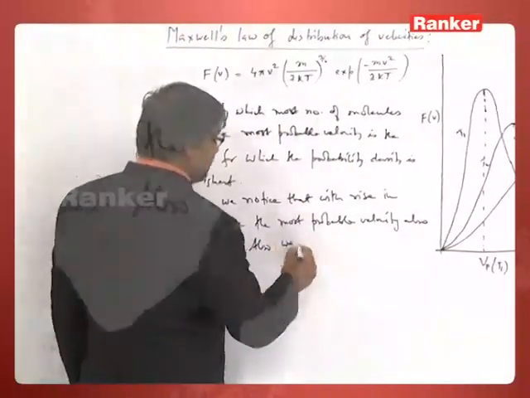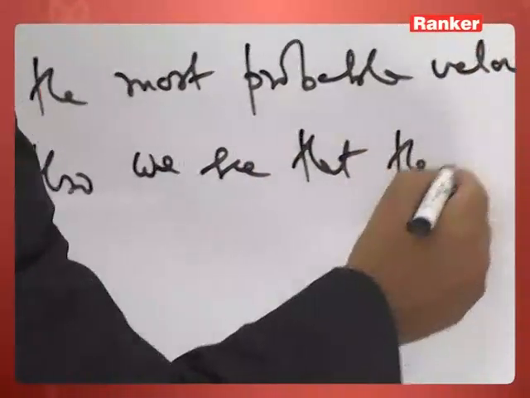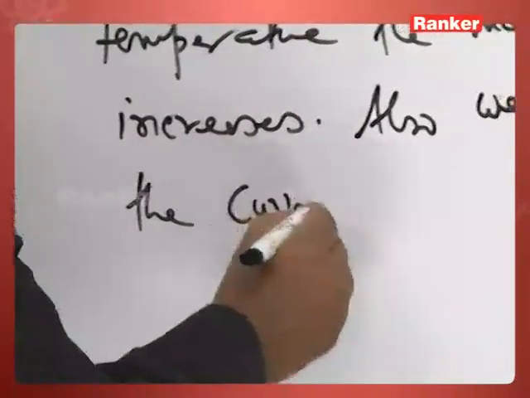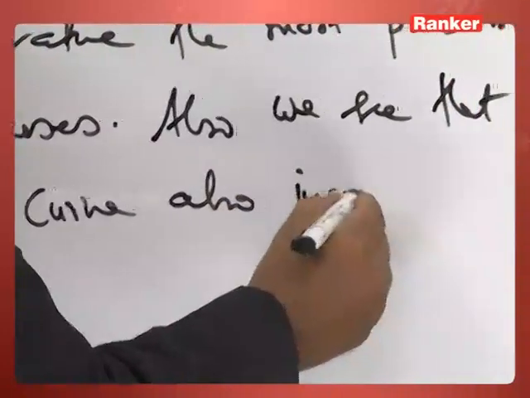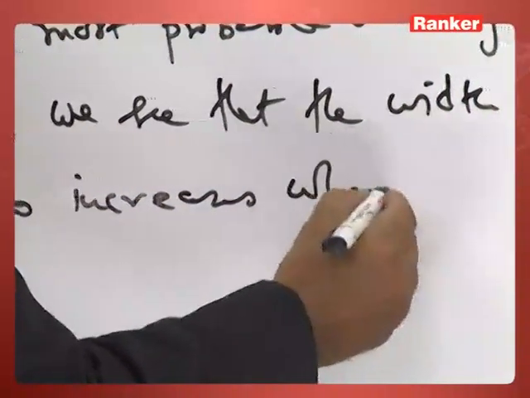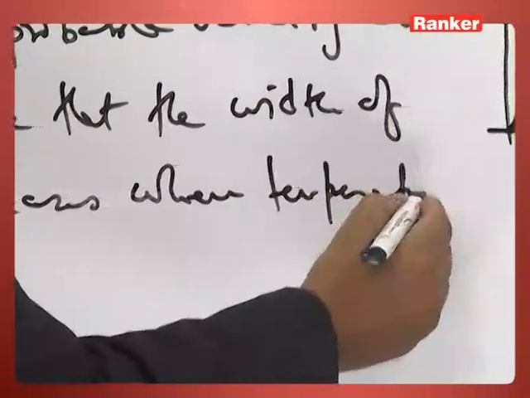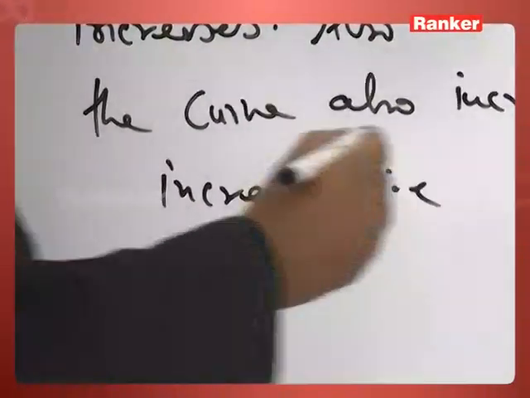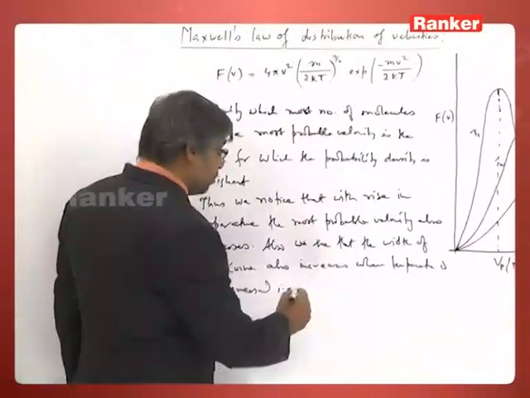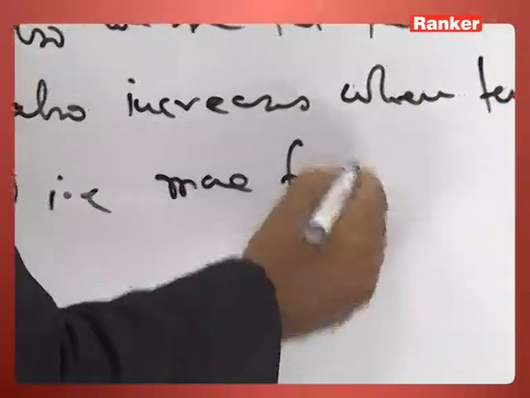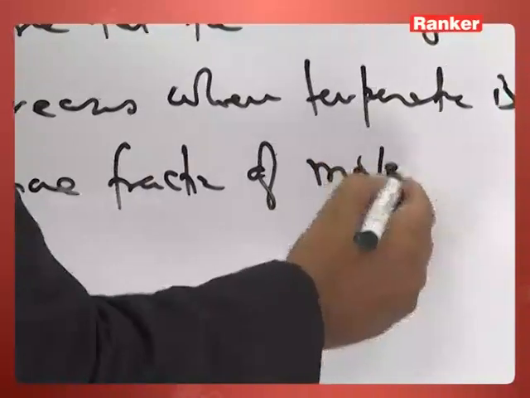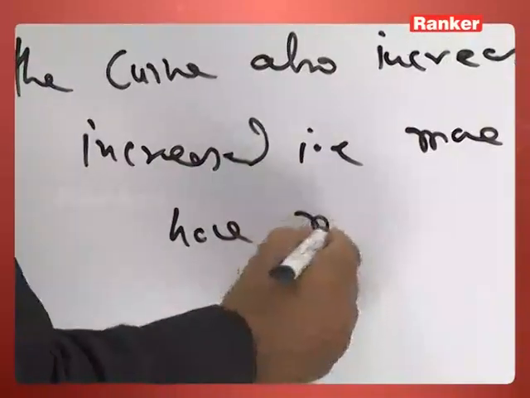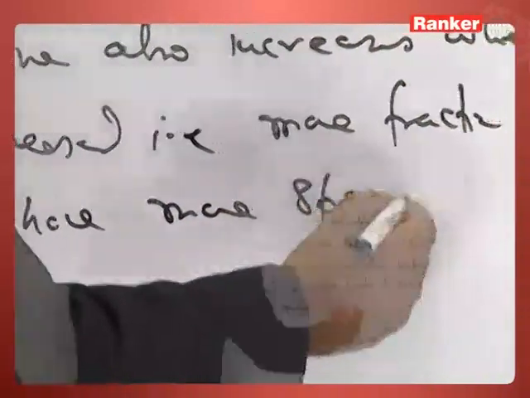Also we see that the width of the curve also increases when temperature is increased. So the conclusion is that a greater fraction of molecules now have more speed.